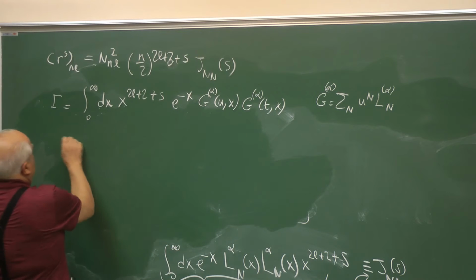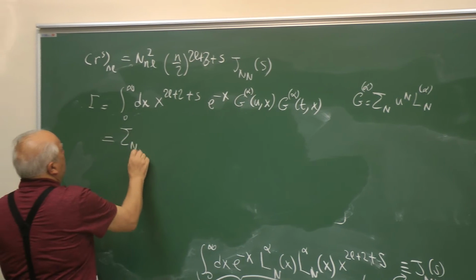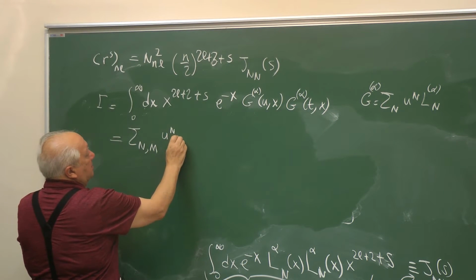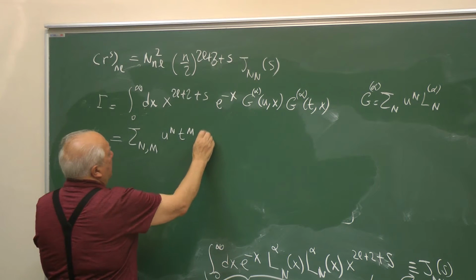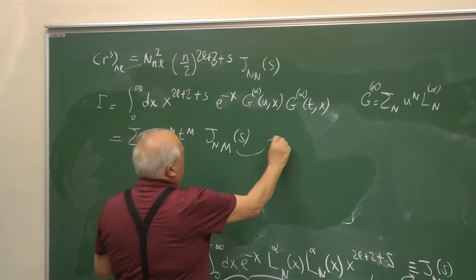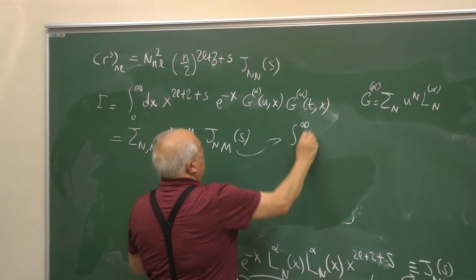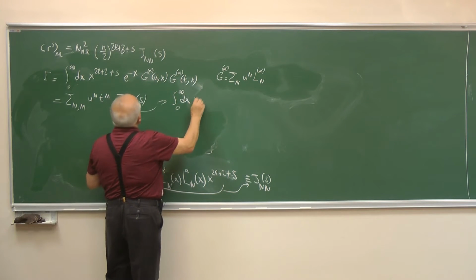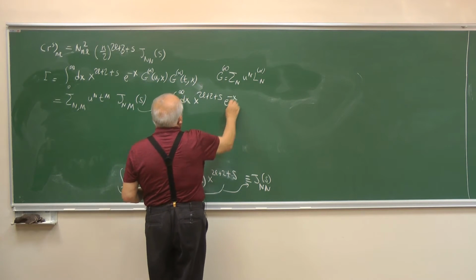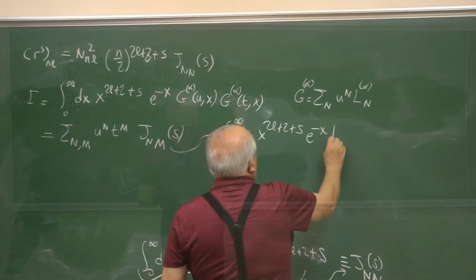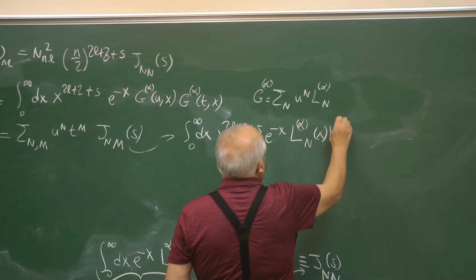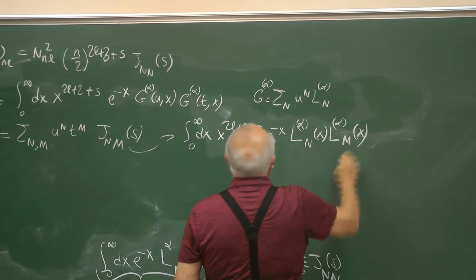Therefore, this is the sum over n and m, u^n t^m J_{nm s}, where this thing is the integral from 0 to infinity dx x^(2l+2+s) e^(-x) times the g functions.